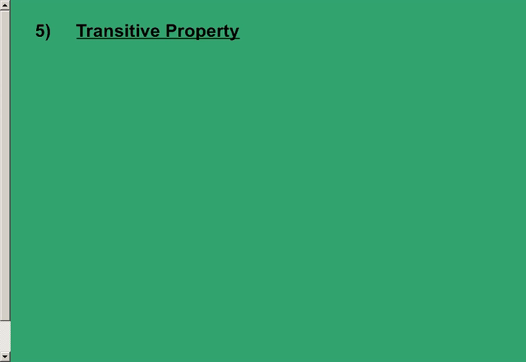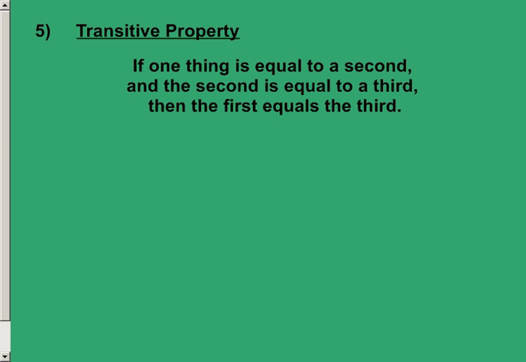Okay. Another very, very important property in algebra, and it's going to be tremendously important to us in what we do in geometry, is called the transitive property. Now, a lot of people would consider this one common sense, but even the common sense stuff has rules that go with it, and this basically establishes if one thing is equal to a second thing, and the second thing is equal to a third thing, then the first thing is going to equal the third thing.